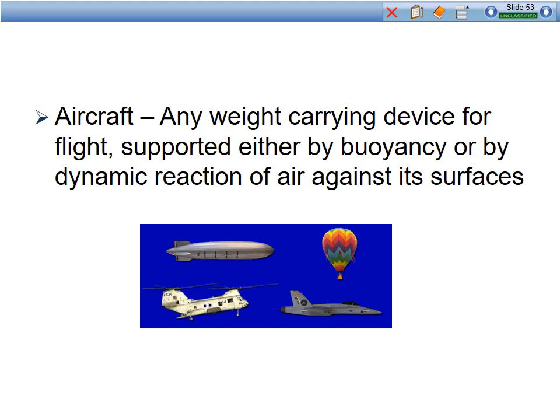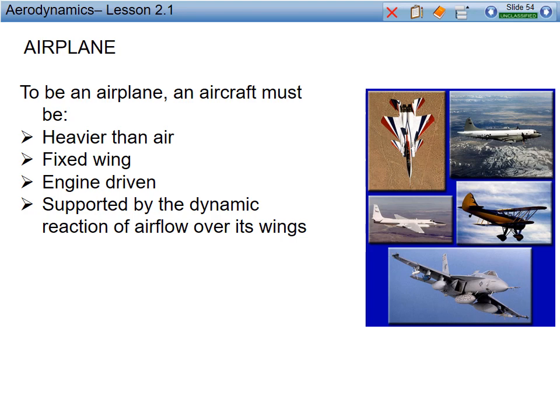An aircraft is any weight-carrying device for flight, supported by either buoyancy or by the dynamic reaction of air against its surfaces. In order to be considered an airplane, an aircraft must be heavier than air, fixed wing, engine driven, and supported by the dynamic reaction of airflow over its wings.